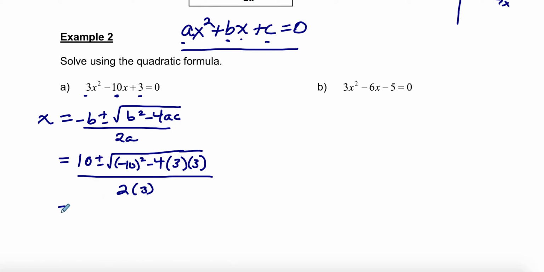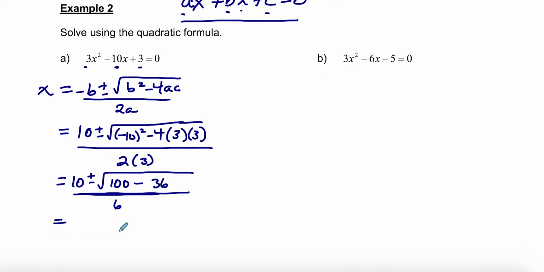So then we simplify. Usually a square root sign is like a bracket. We're going to do everything we can to simplify underneath the bracket. 4 times 3 is 12, times another 3 is 36, divided by 6. Notice the whole numerator should be done and then divide by 6.